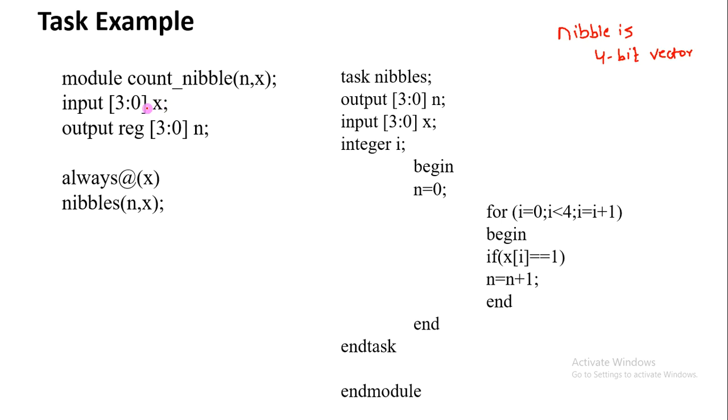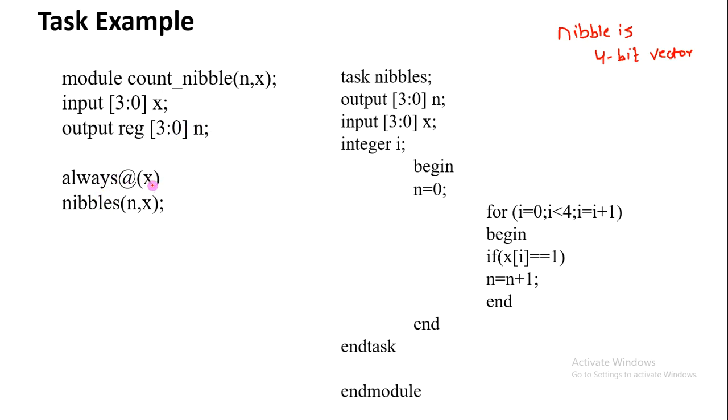So input is 4-bit, we call it X. Output is also 4-bit because it counts, so it can have the values 0, 1, 2, 3. I mean 2 bits would have sufficed, but let it be, let us consider it to be 4-bit.